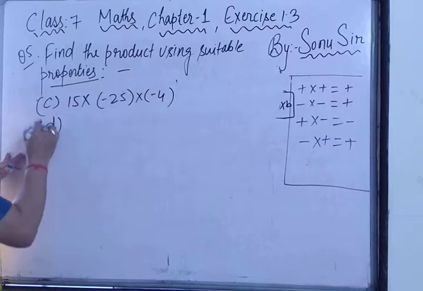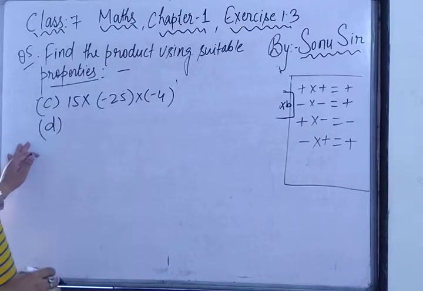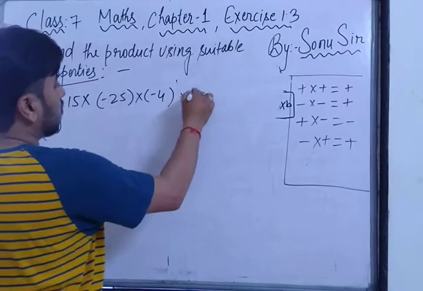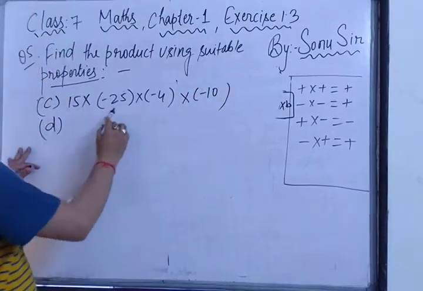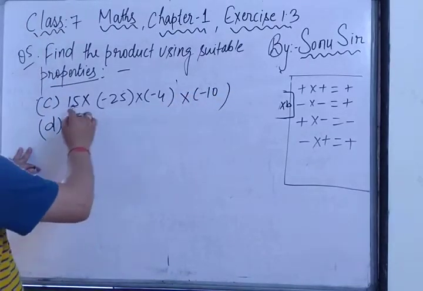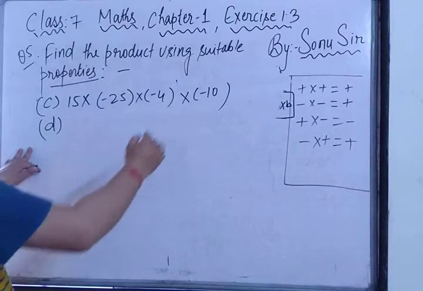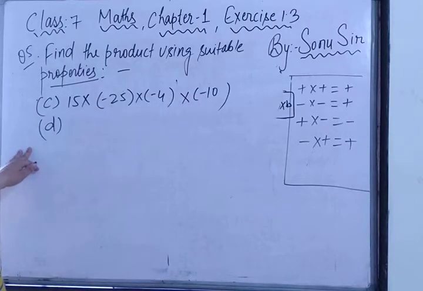Okay. D question is, okay, C is a little bit longer, into minus 10 also is there, sorry. So here you can see 25 into 4 is 100, 100 into 15, so 1500 into minus 10, minus 15,000 will be the answer.